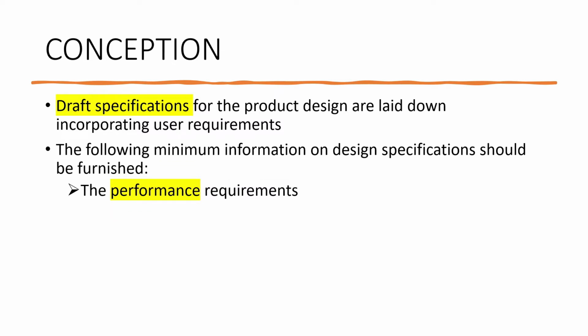What should be the performance of the product? For example, if you are launching a new phone, what should be the performance? Maybe how fast it should be, how fast the RAM should be, and what should be the appearance or styling requirements? Should it be very aesthetic, like that?